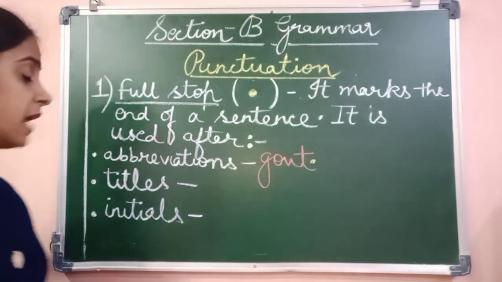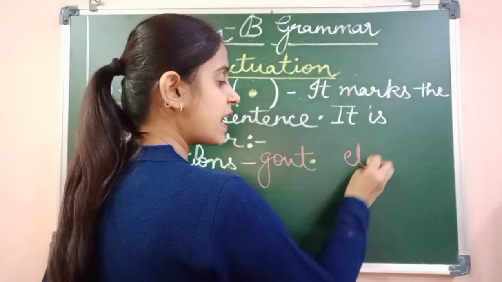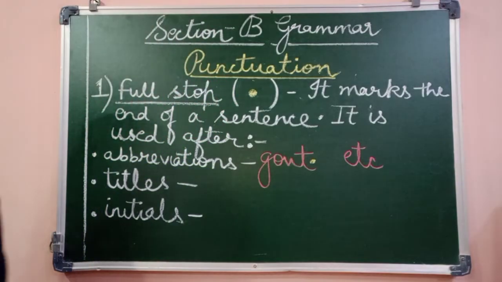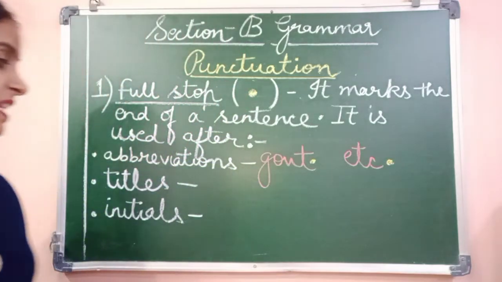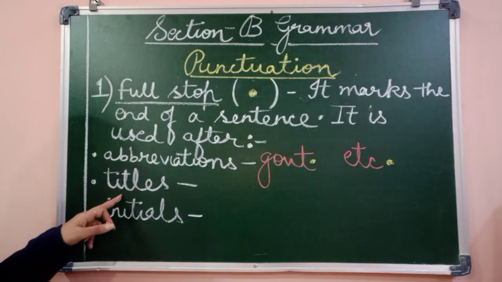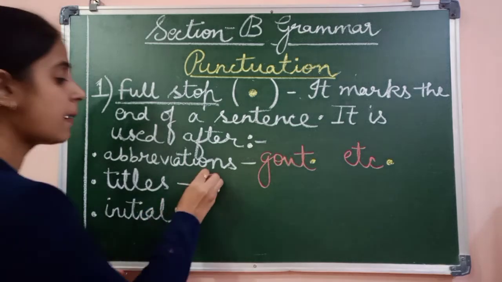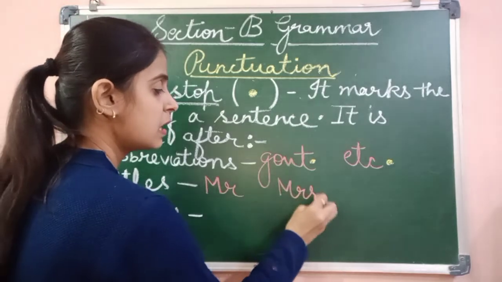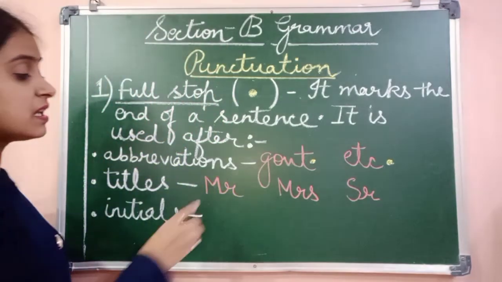Right? Now for example, the short form of etc. We write ETC. Okay, so after ETC also we put a dot. So abbreviation means the short forms. Okay, we also use a dot after titles. Now title means, for example, Mr., Mrs., okay, senior. So in short, when we write, these are the titles.